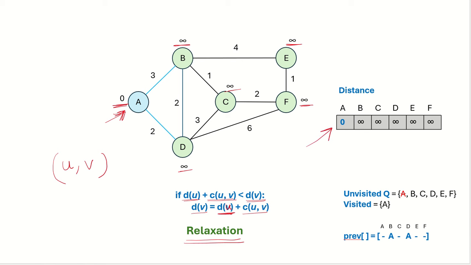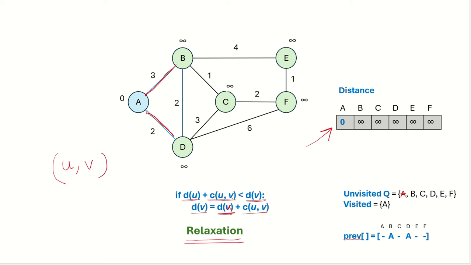So this becomes our distance vector where the node distances are infinite, and 0 if it is the source node. The relaxation technique says that we have to take the direct edges from the node which is currently under consideration. Since A is under consideration, we will take edges AB and AD.